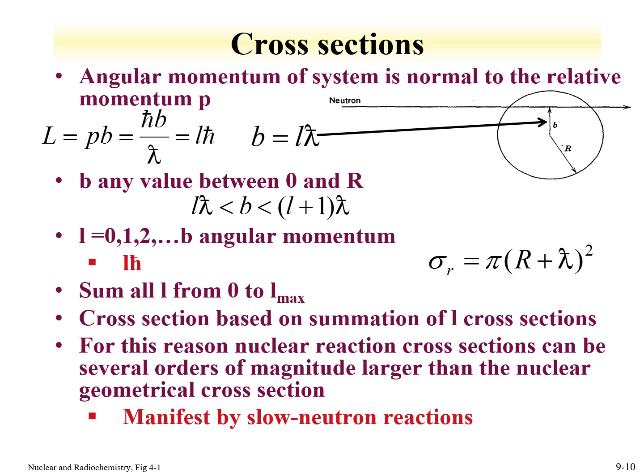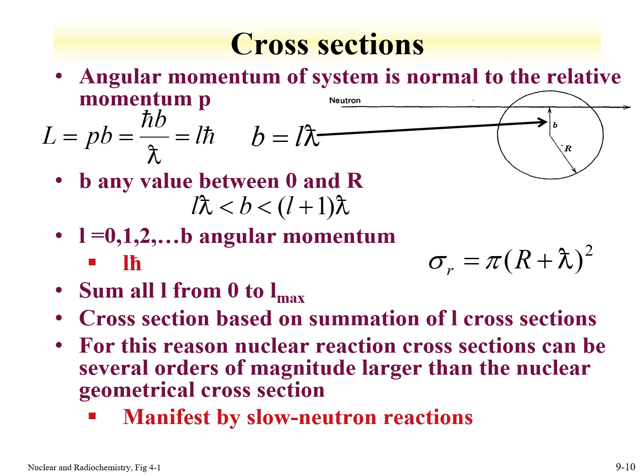Now we can look at this, and the impact parameter can have any value between 0 and R. So the possible ranges are listed here, where the orbital angular momentum is equal to 0 to l, and we can now sum all these terms from 0 to the maximum value of the orbital angular momentum.